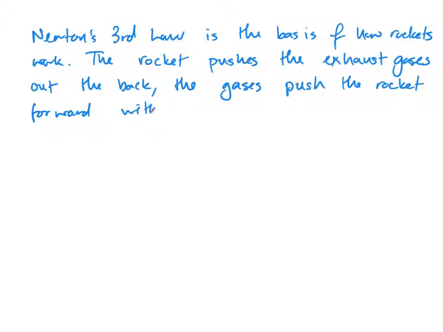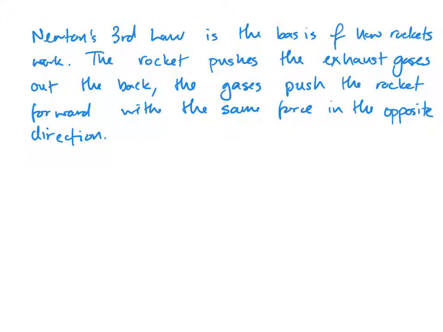With the same force. In the opposite direction. And notice there's no other object involved. It doesn't have to bounce off the air or bounce off the launch pad. It's just a rocket and exhaust gases.